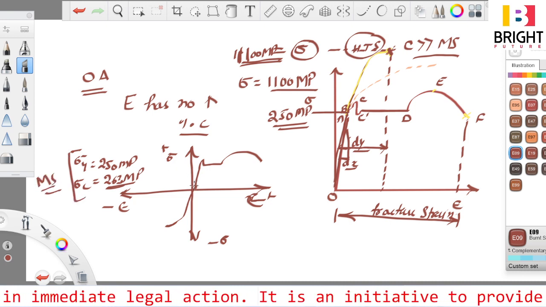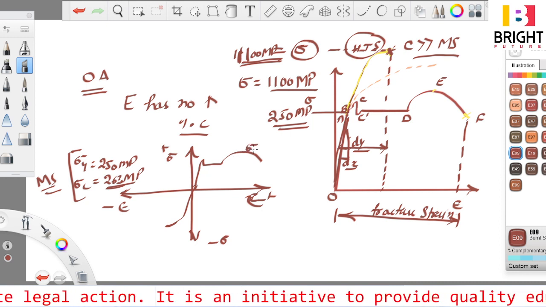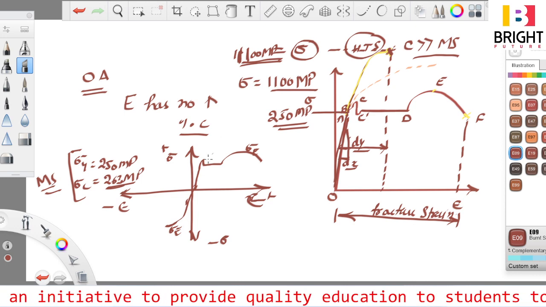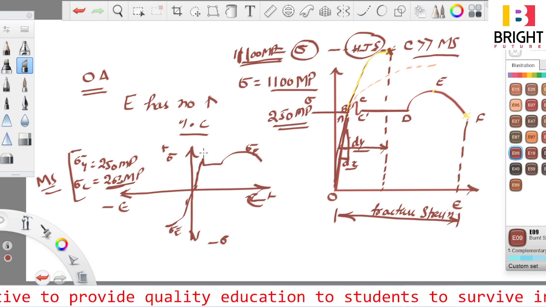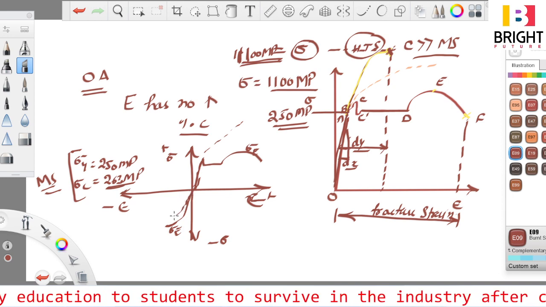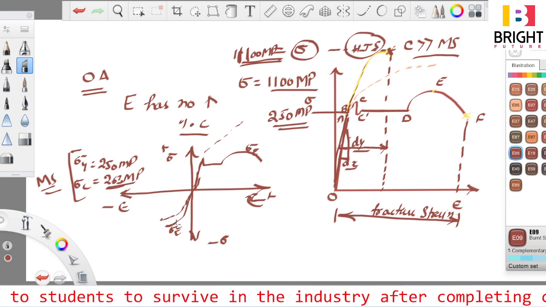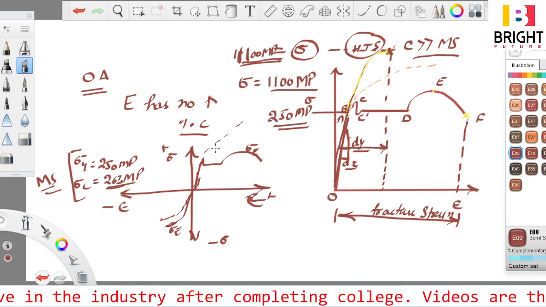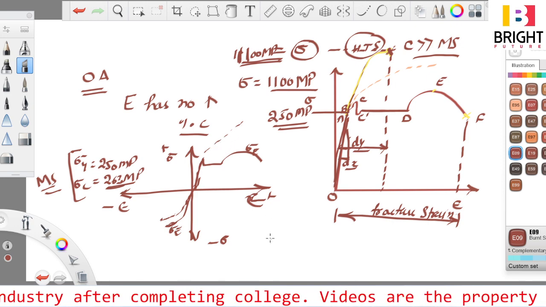And in case of true stress, this is about engineering stress. Here I will write sigma E, right? Engineering stress will keep on increasing in this case. However, in compression, the true stress will be less than the engineering stress, and in tension, true stress will be more than the engineering stress.